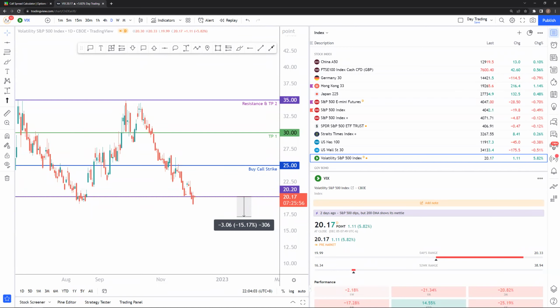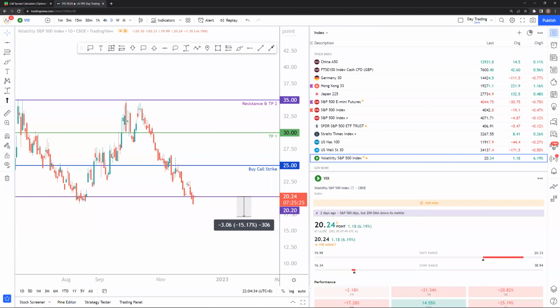Let me just double check UVXY. Oh, UVXY is the short ETF. If you are playing UVXY, I don't recommend options.